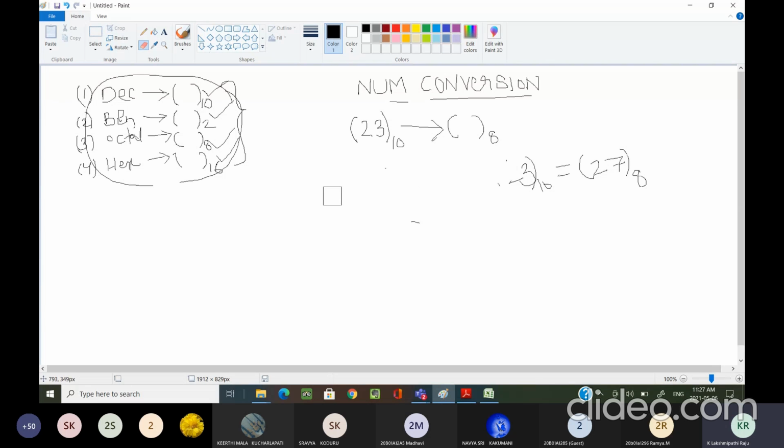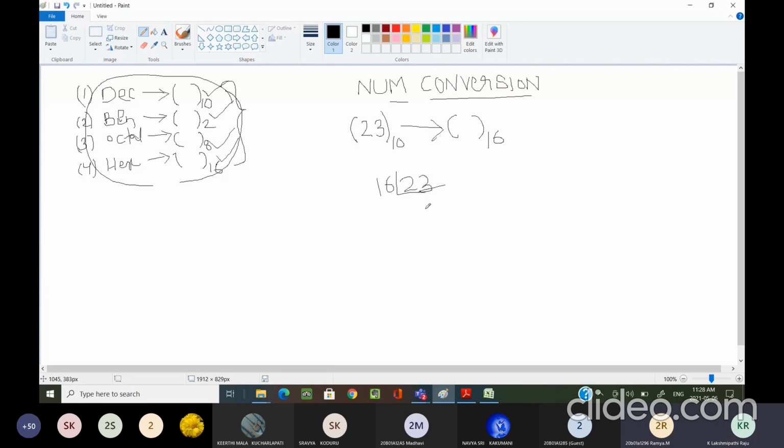Now I am erasing this one. I am not changing the number, but I want to convert it into the hexadecimal number system. What do I have to do? Tell me. Long division, okay, the same, with 16.